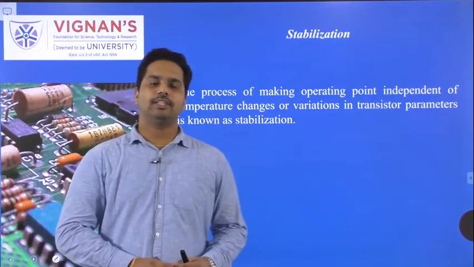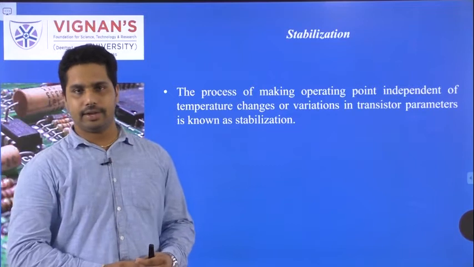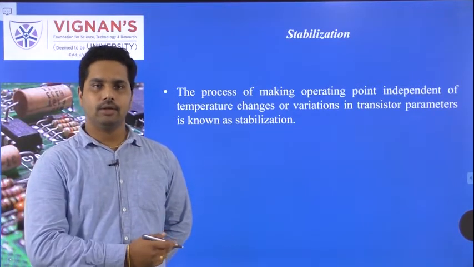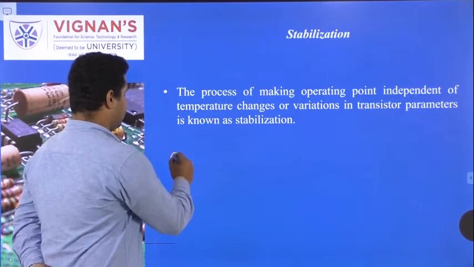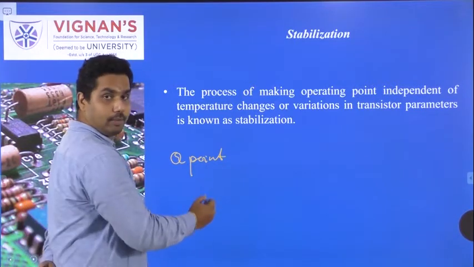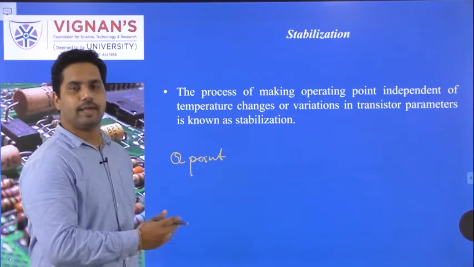And here comes stabilization. As already we have seen the importance of biasing, right? Why do we need biasing? Biasing is required to get a proper Q point, and this Q point should be in the middle of the active region to have faithful amplification. All those things we have seen.